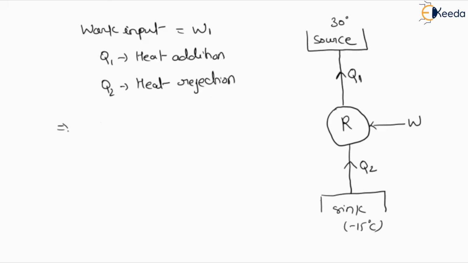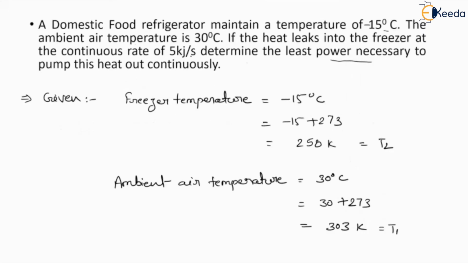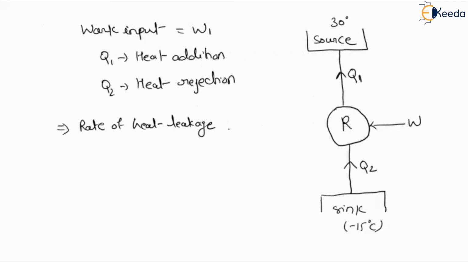So here we have the rate of heat leakage. Let me check the value, it is 5 kilojoule per second. So this rate of heat leakage represents the value of Q2.